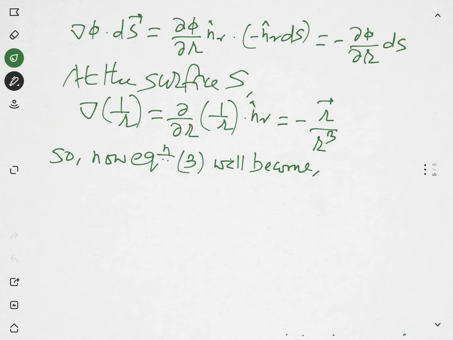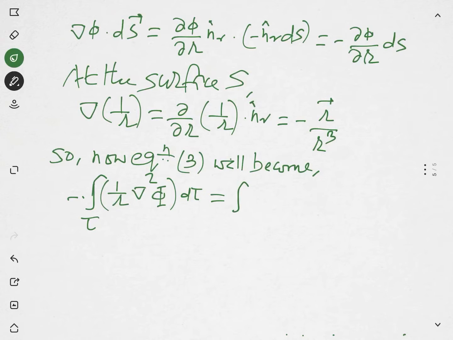So now our equation will actually be minus integral over tau 1 over r del square phi d tau, because the first term in LHS will be 0.